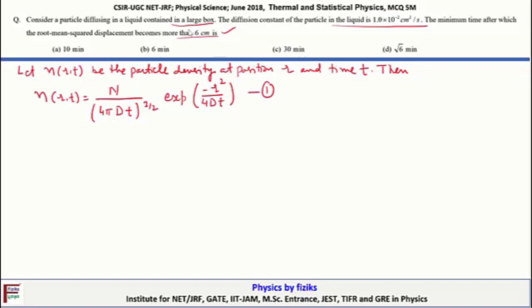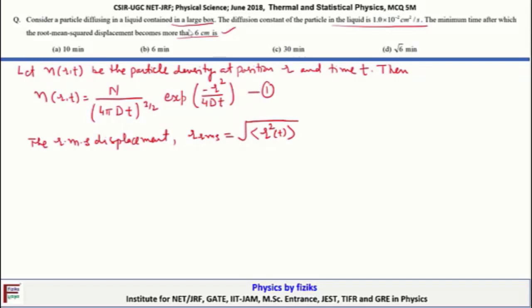Okay, now the root mean square displacement, that is RMS, is equal to the root of the mean of r square as a function of t.